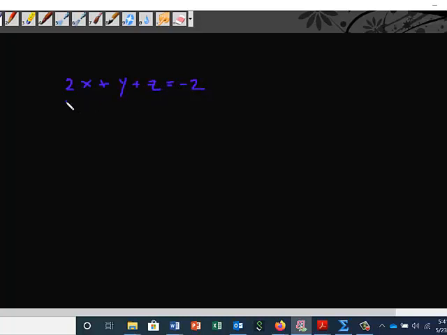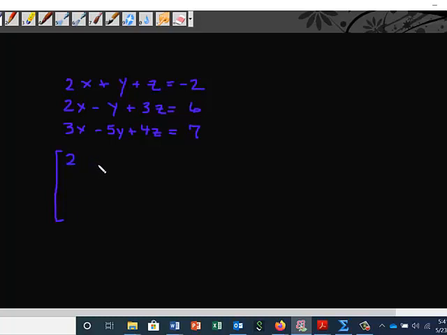And then we have 2x minus y plus 3z is equal to 6. Then we have 3x minus 5y plus 4z is equal to 7. So we want to write this as a 3 by 4 augmented matrix.